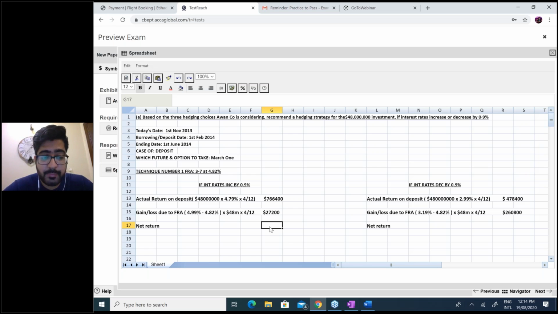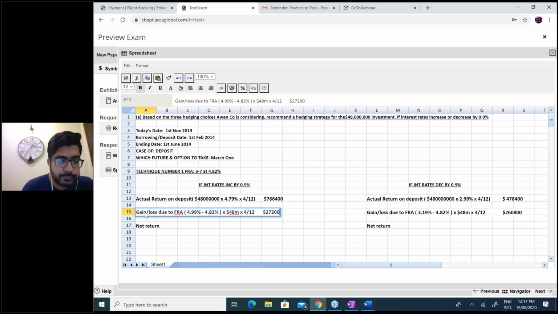Now listen carefully, it's a deposit case. When interest rates increase by 0.9, they became 4.99.